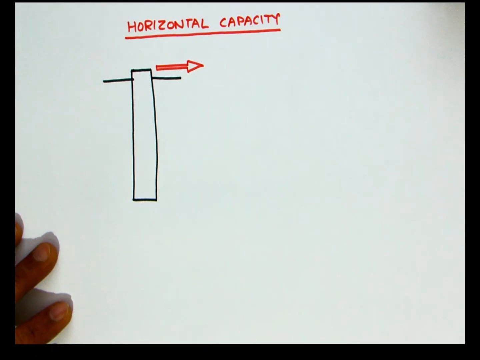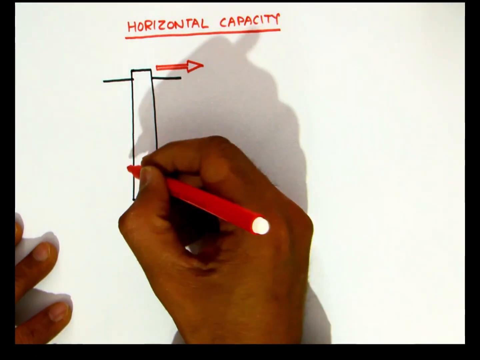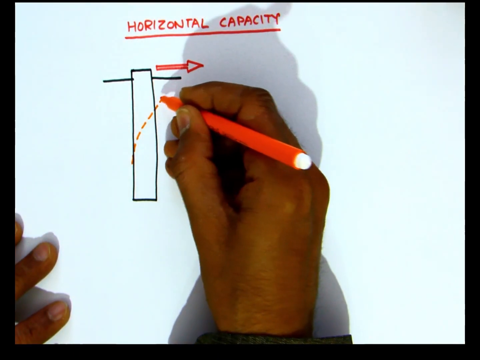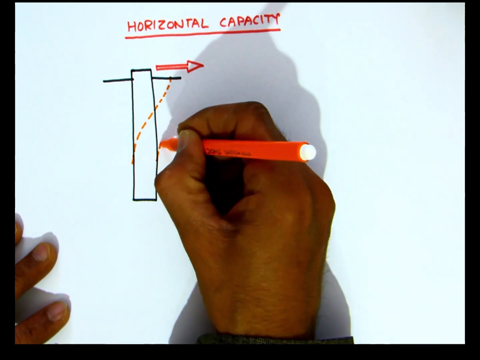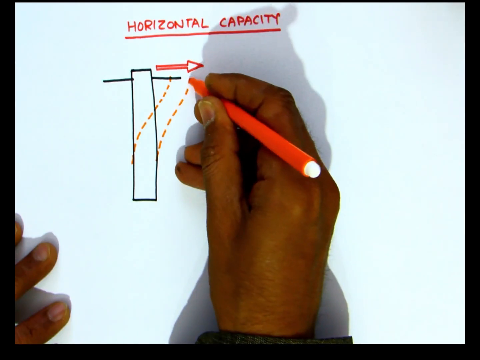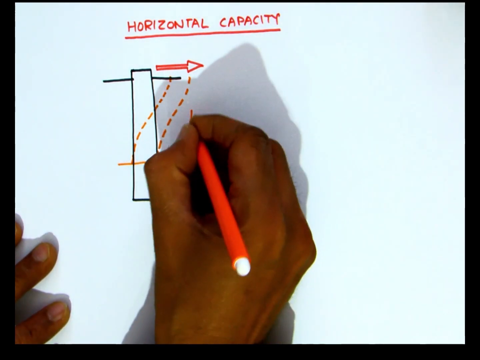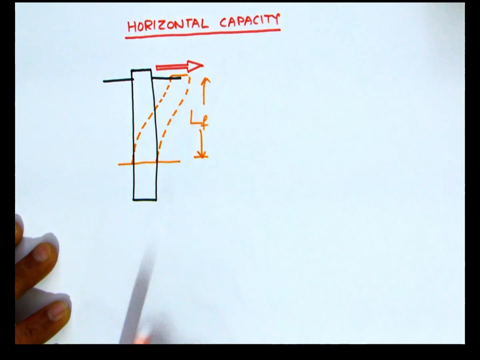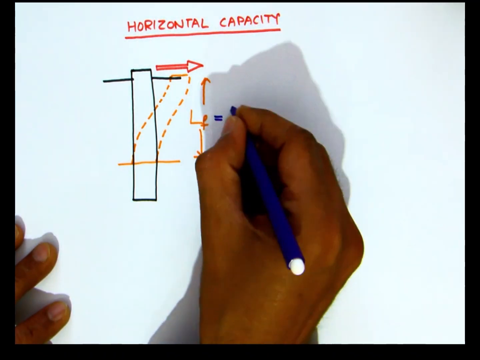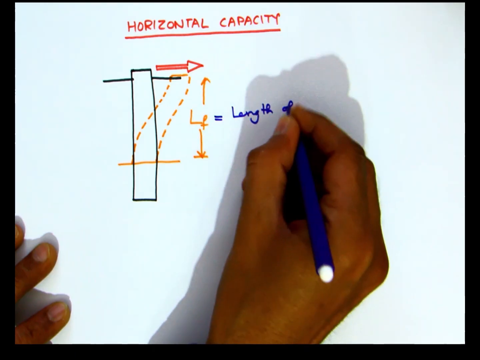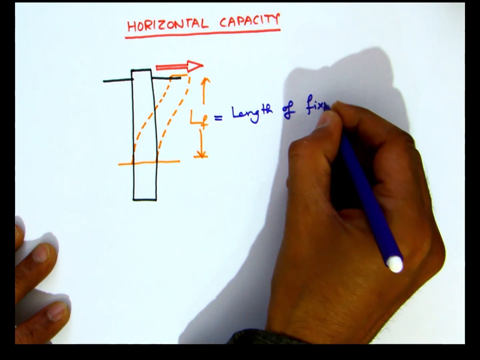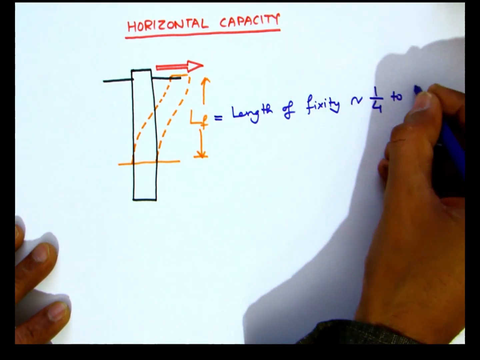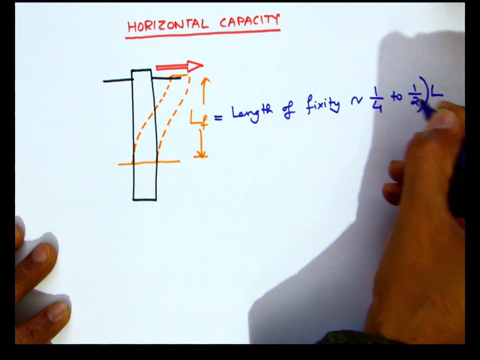As we go deep inside the soil, we encounter a point of fixity such that the pile undergoes a deformation just like a guided cantilever, that is, a cantilever with fixed support at one end and a guided roller at the other. This particular length is called the length of fixity of the pile. It typically ranges from 1/4 to 1/2 of the total length of the pile.